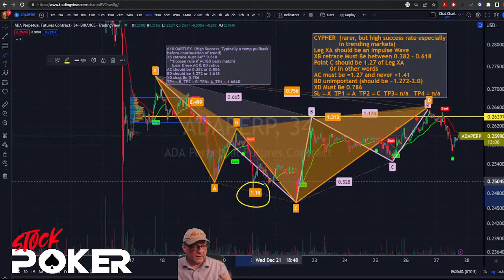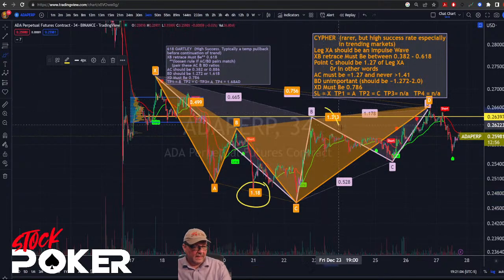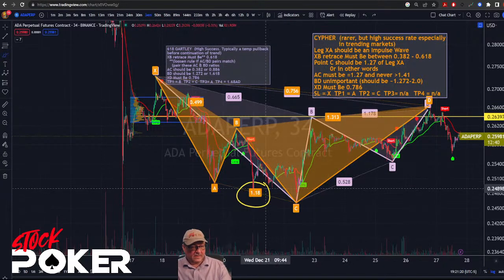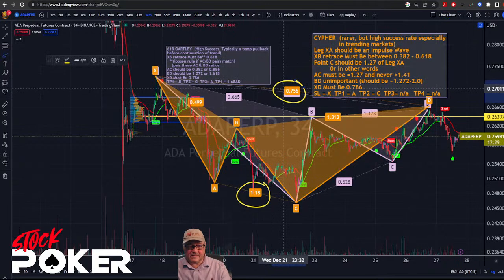It's very, very good. And then this leg right here, I'm just going to scribble it out, whatever that reads is not important. As far as a Cypher goes, whatever that measures is not very important. But what is important is that if this hits the 1.27, then this AC leg right here hits the 0.786.